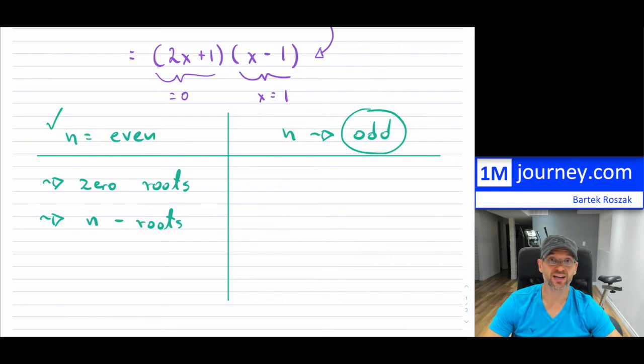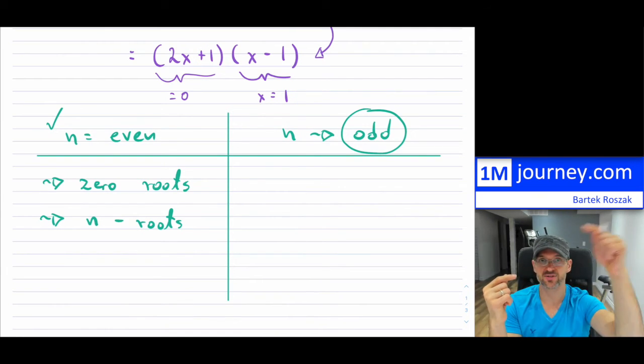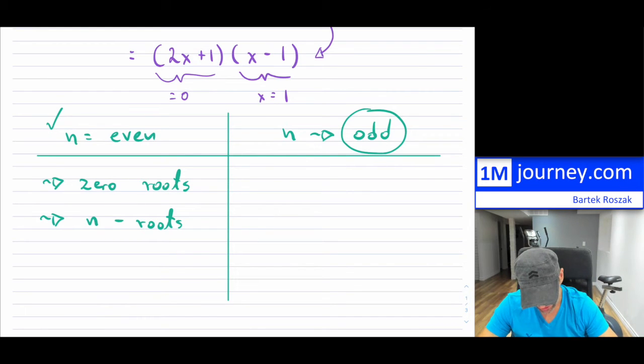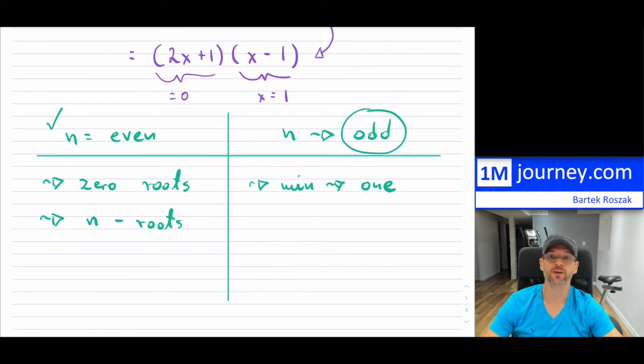If it's the entire number line, there must be at least one crossing through the x-axis. Because if there were no crossings at all, the range couldn't have been the entire number line. So the minimum is at least one root or crossing of 0, and just like even, you're going to have a maximum of n.